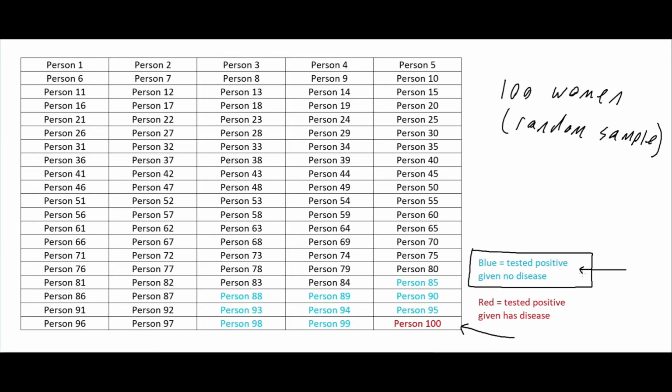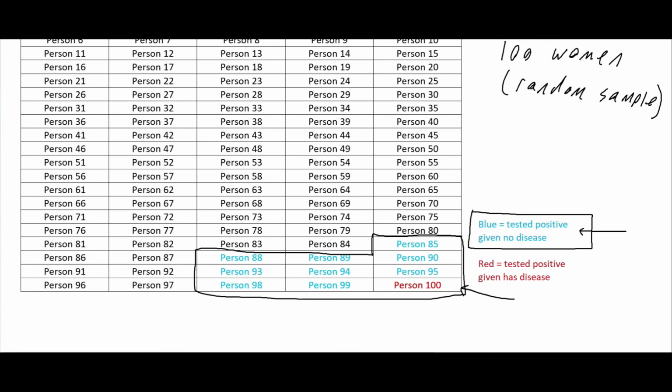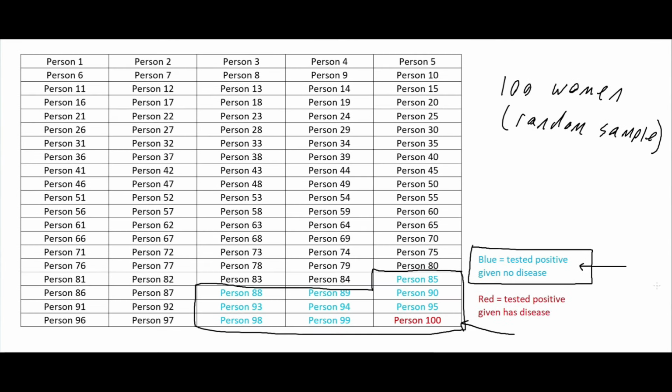If we zoom in on just these people, you see that only 1 out of 10 of those who tested positive actually have the disease. So roughly 10% of the people who tested positive actually have the disease. Hopefully this is the intuitive way of thinking about why you get such a low rate.